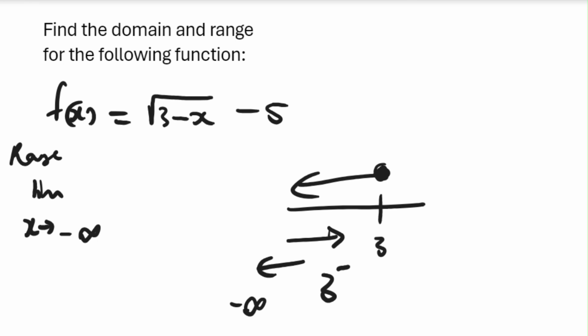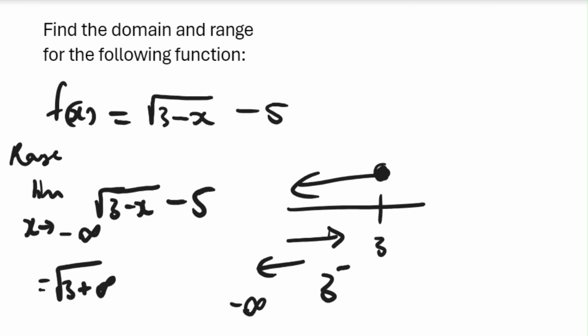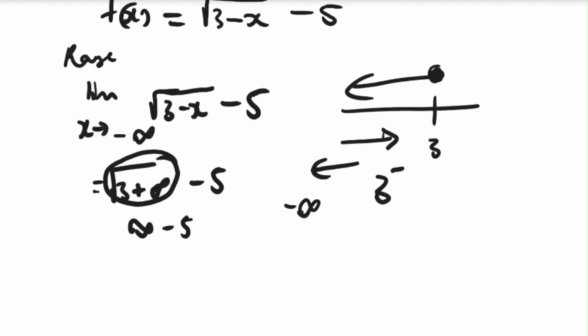Now f of x is the square root of 3 minus x, minus 5. Put negative infinity as your x, you get the square root of 3 plus infinity, minus 5. 3 plus infinity is just infinity. Square root of infinity is infinity. Minus 5 is like you didn't do anything, and therefore the answer will be positive infinity.